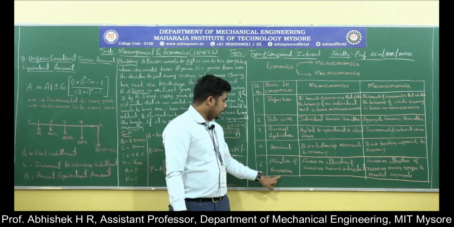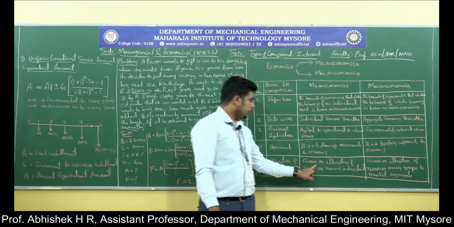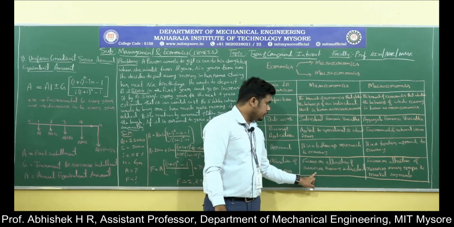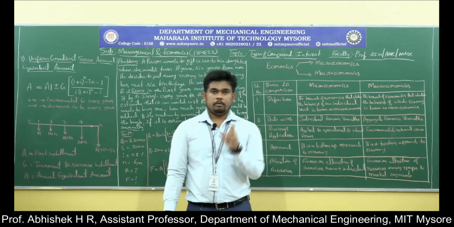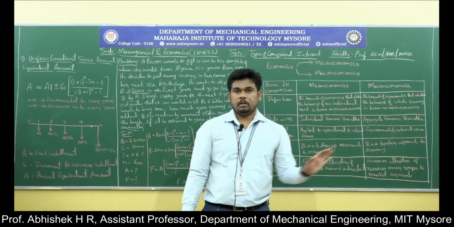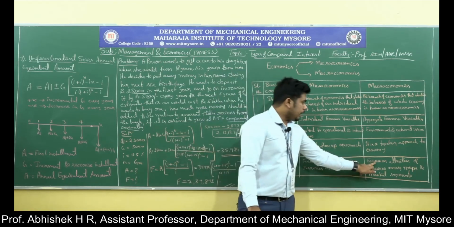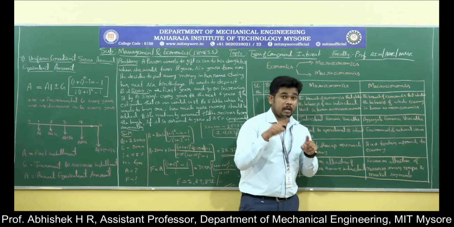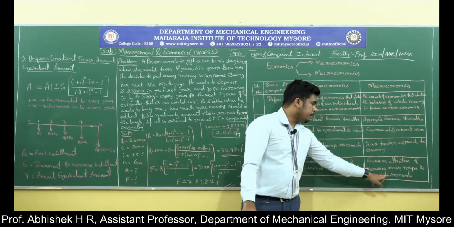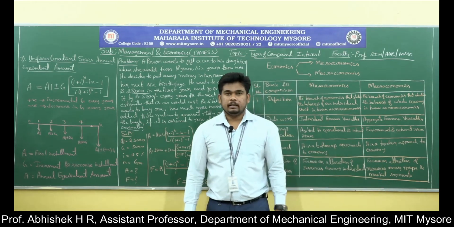Then allocation of resources. Microeconomics focuses on allocation of resources among individuals. As I said, it will focus only on the individual resources. Then macroeconomics focuses on allocation of resources among groups and market segments.